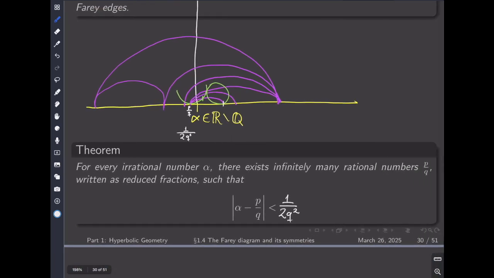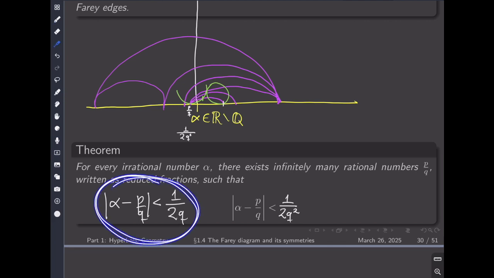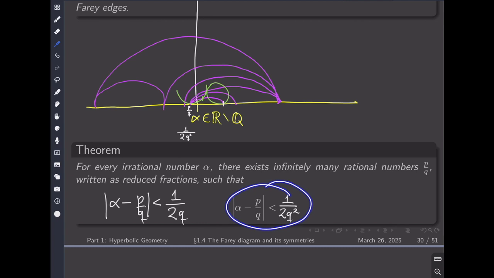The first approximation we saw was 1 over q, the one we have known forever, because the rationals are dense in the real numbers. This one is better.